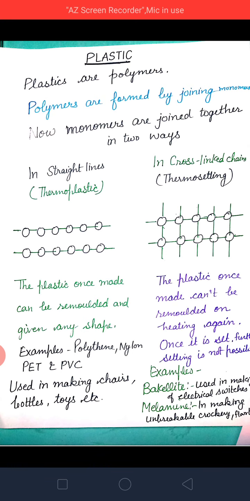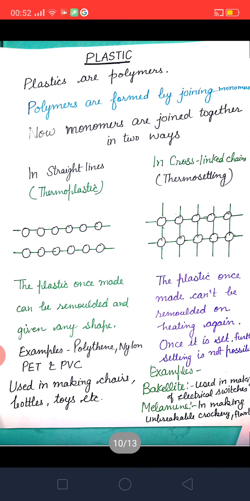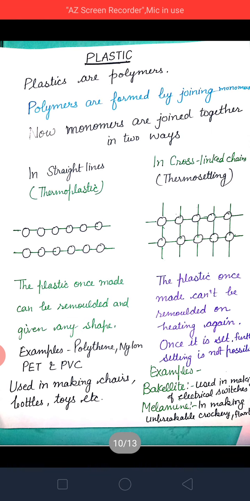Even if we heat it again and again, it can't be reshaped. Once it is set, resetting cannot occur again.